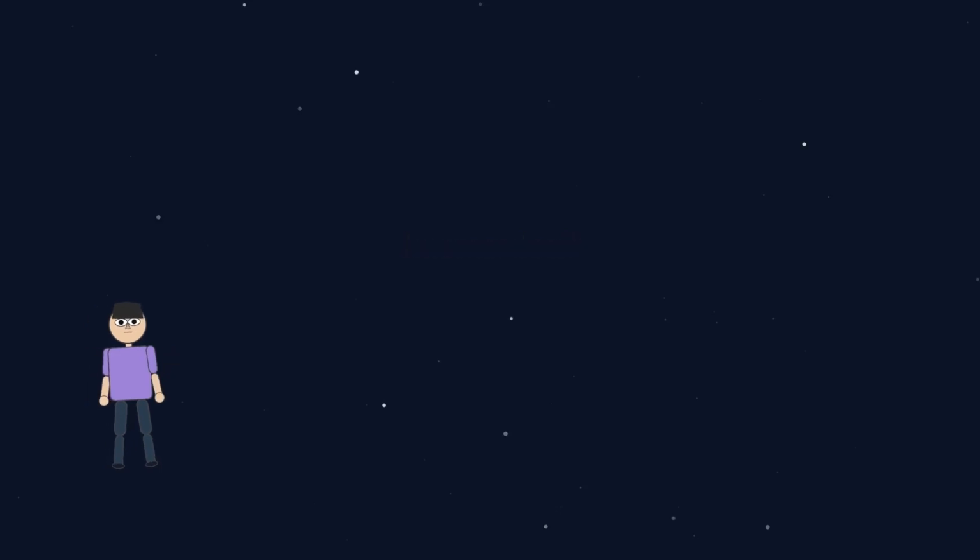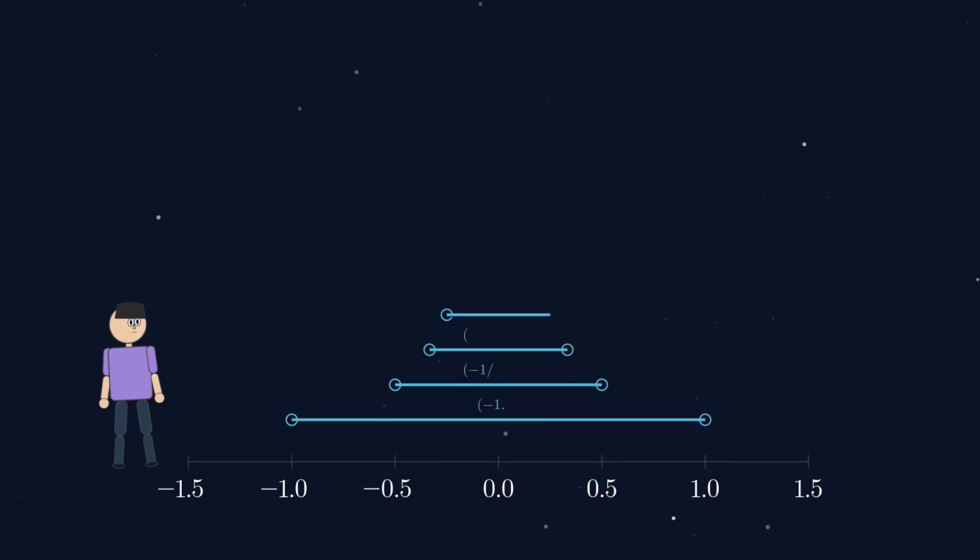Take the open interval from -1 to 1, then from -1/2 to 1/2, then -1/3 to 1/3. Shrink and shrink forever. Each one is wide open, but the points shared by every last one of them?